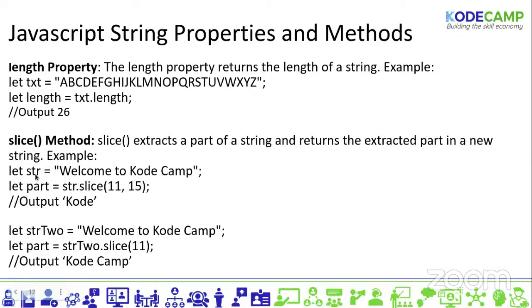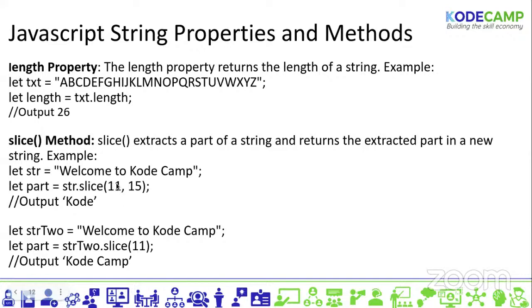For example, if you have 'welcome to KodeCamp' and you want to slice from position 11 to position 15, here is position 11, you start slicing from here and then you stop here. So what is going to be returned when you print this out is going to be 'code'.